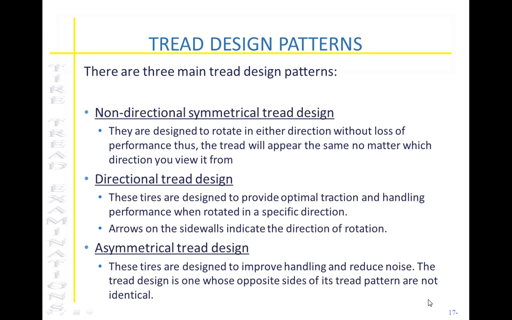Your directional tread designs need to be mounted on the vehicles in a specific direction, and arrows will indicate this on the tires themselves. The asymmetrical tread design is a tread design that is one whose opposite sides of its tread patterns are not identical.